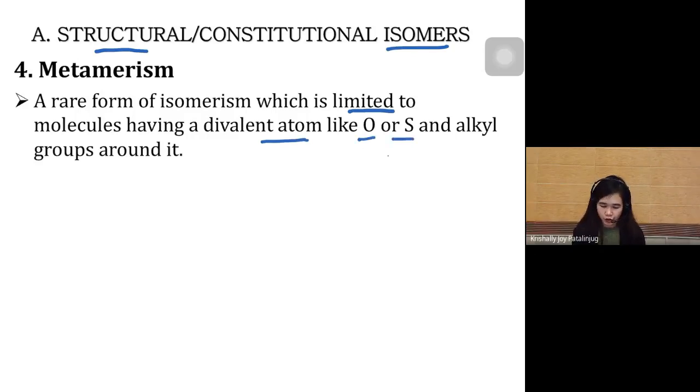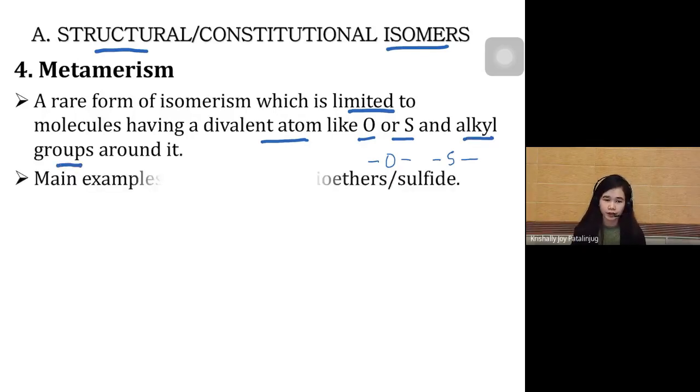For oxygen and sulfur, the most stable number of covalent bonds is 2, hence divalent atoms. Usually they are bonded to alkyl groups around them. That is why metamerism is very common among ethers and thioethers. Thioethers are the same as sulfides.